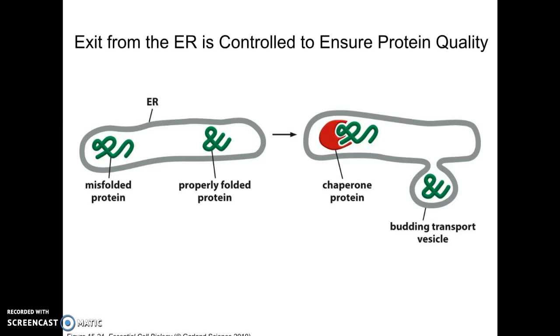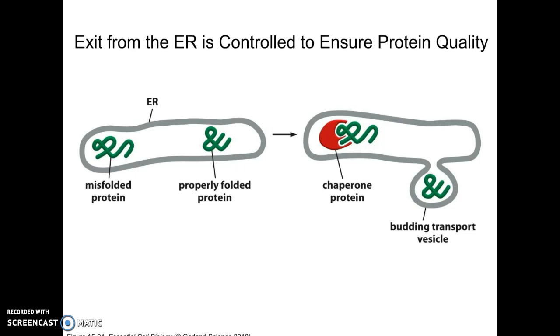And so we have what were originally called heat shock proteins because that's how we discovered them. We heat shocked the cell, and then these were the proteins that were upregulated. Today we call a lot of them chaperone proteins, and chaperone proteins help proteins to fold in their correct conformation.